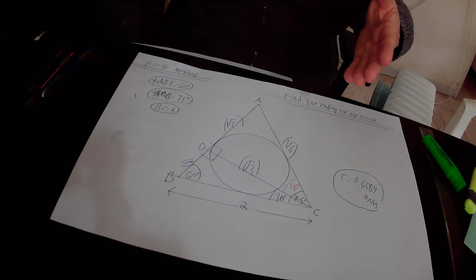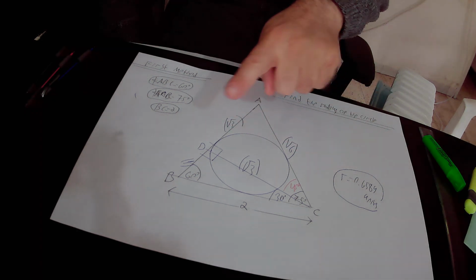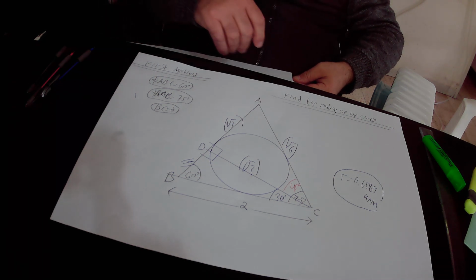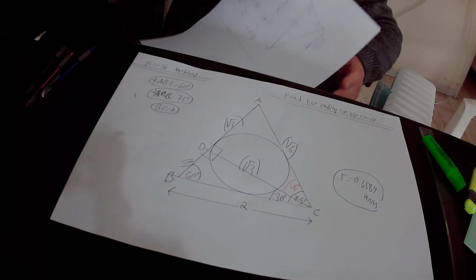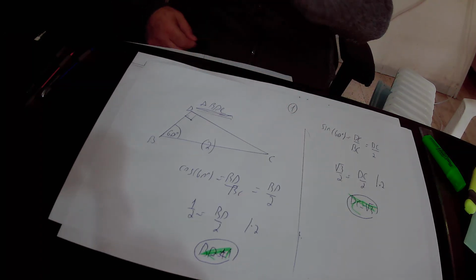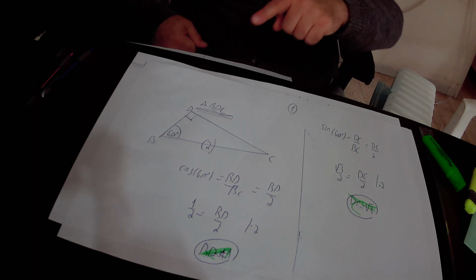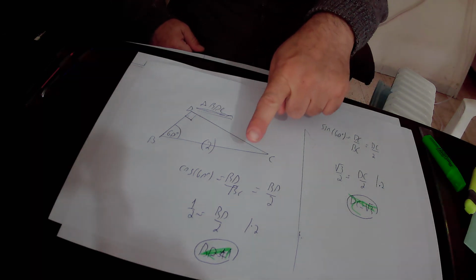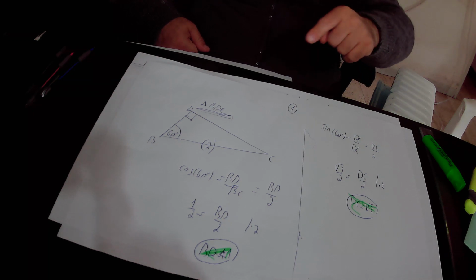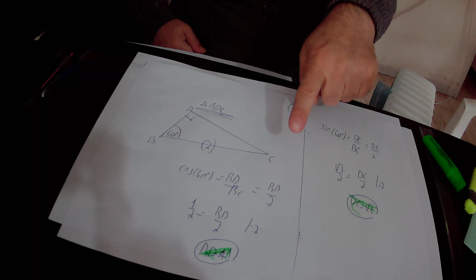By doing this construction, we get the right triangle CDB. So I copy the right triangle CDB onto a new page, and we analyze it. This is the right triangle CDB that I copied from the original drawing. In this right triangle CDB, cosine 60 degrees equals DB over BC, and BC is 2.